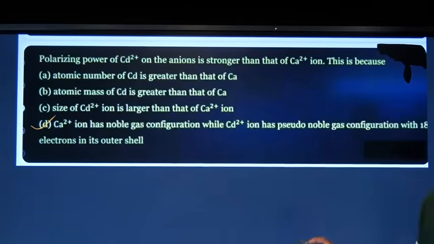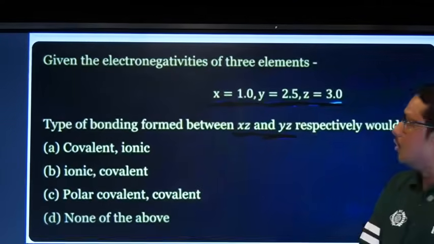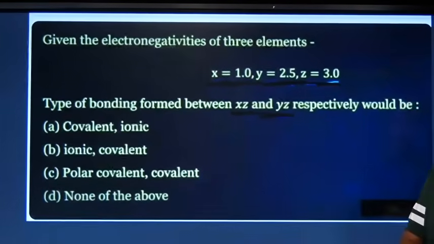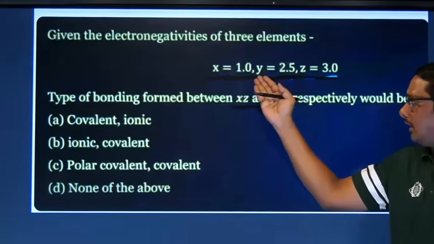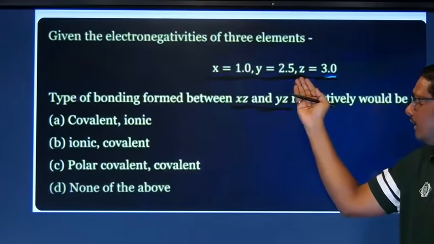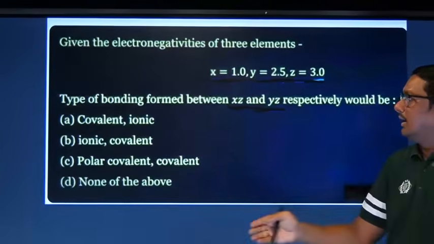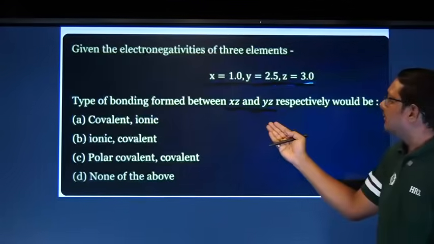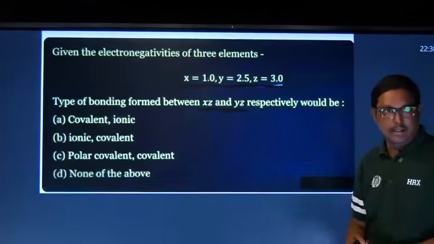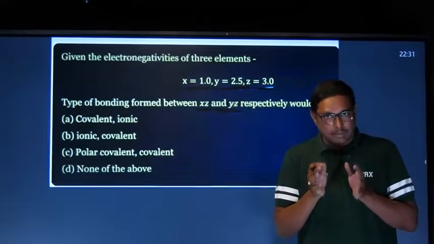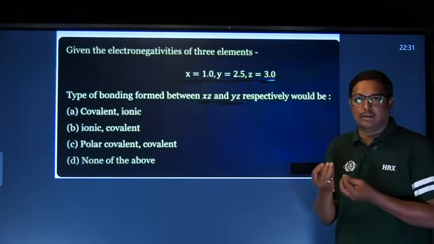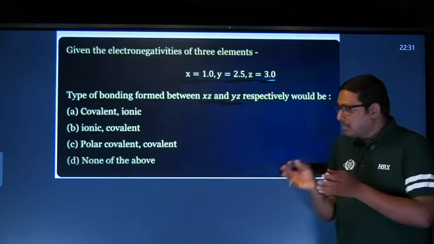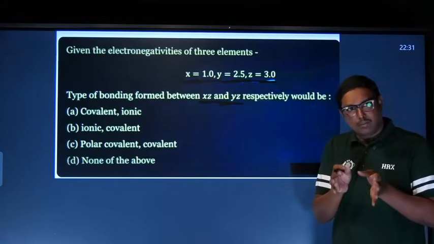Is it clear? So next, question number 3. The electronegativities of 3 elements are given: x equal to 1.0, y equal to 2.5, z equal to 3.0. We are asked the type of bond formed between xy and yz. We know that if the electronegativity difference between 2 atoms is greater than 1.7, then an ionic bond is formed; if less than 1.7, then a covalent bond is formed.